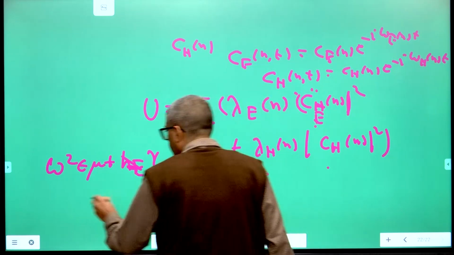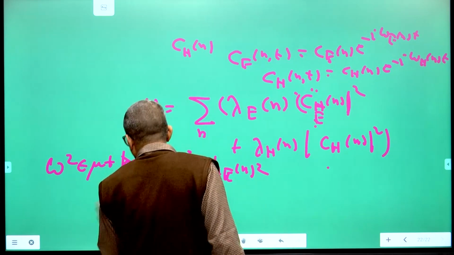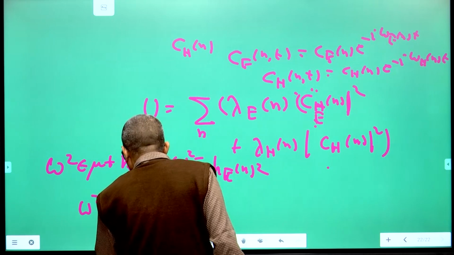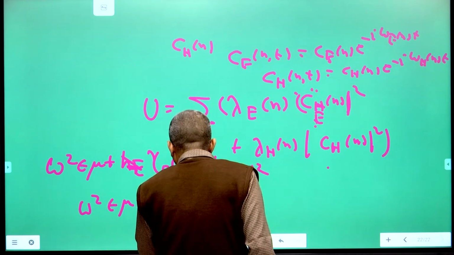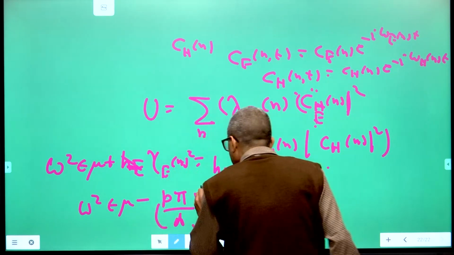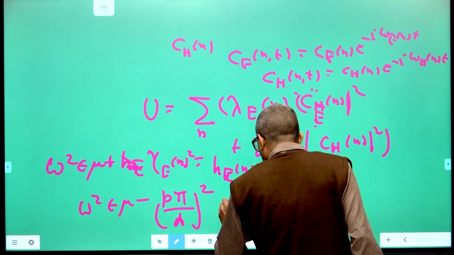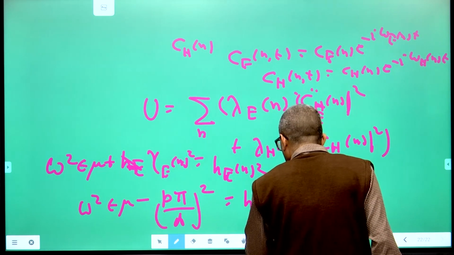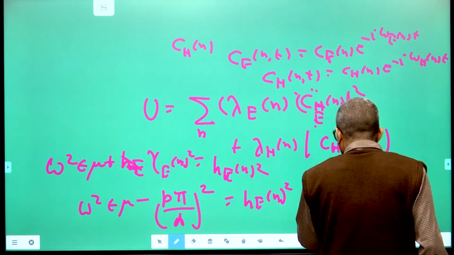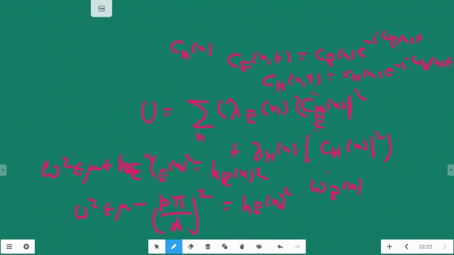Likewise for the magnetic field. So you put for gamma EN square, you put omega square epsilon mu minus p pi by d square, jp pi by d you put for gamma EN, that is HEN square. It is same as saying that omega EN, the possible mode resonant frequencies of oscillation, are given by 1 by root epsilon mu into p pi by d square plus HEN square.